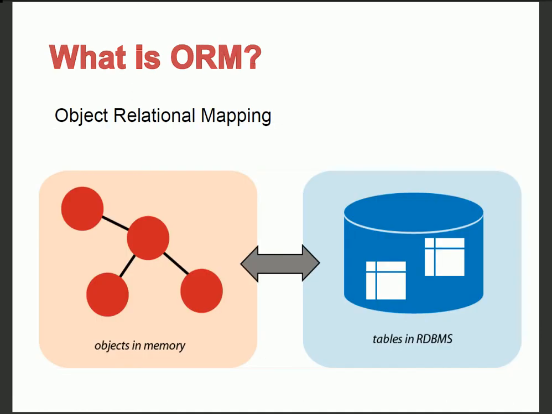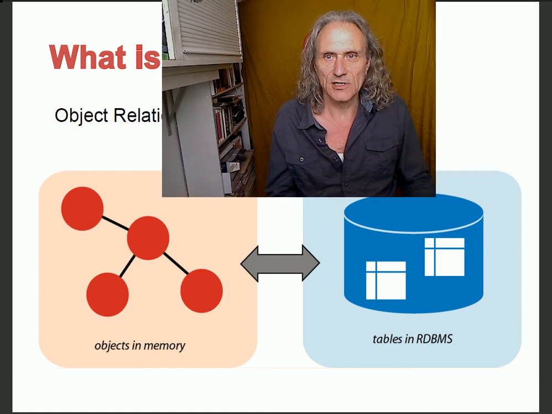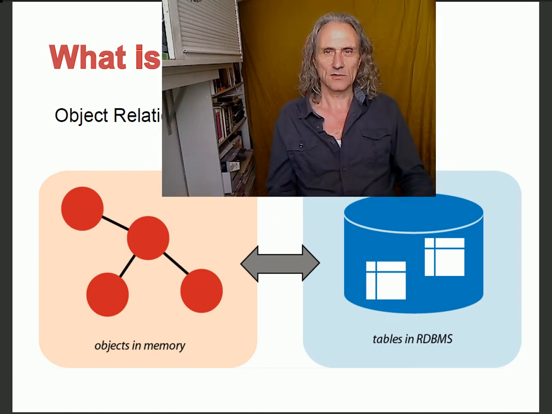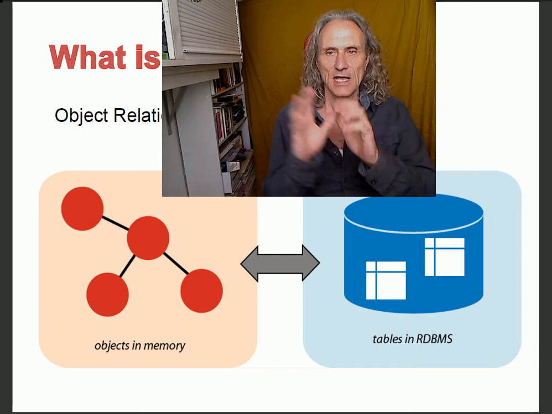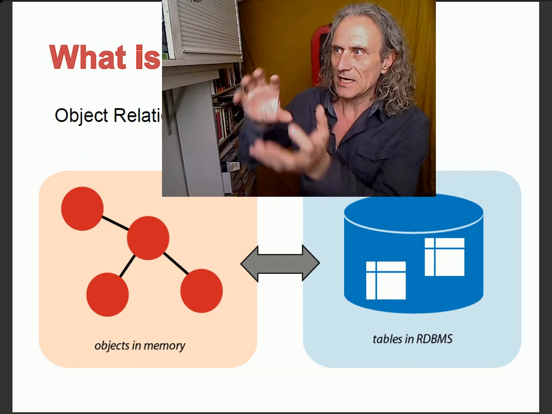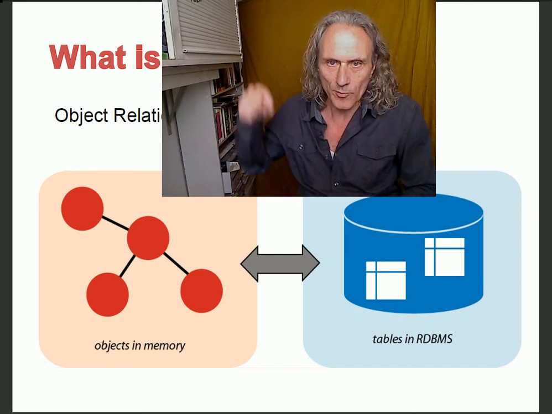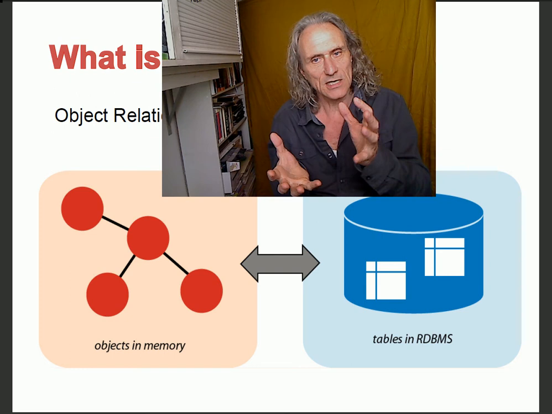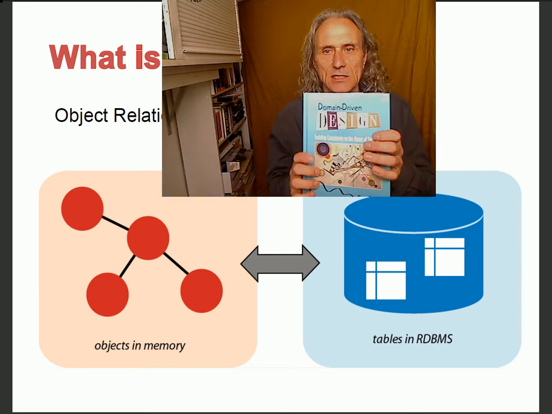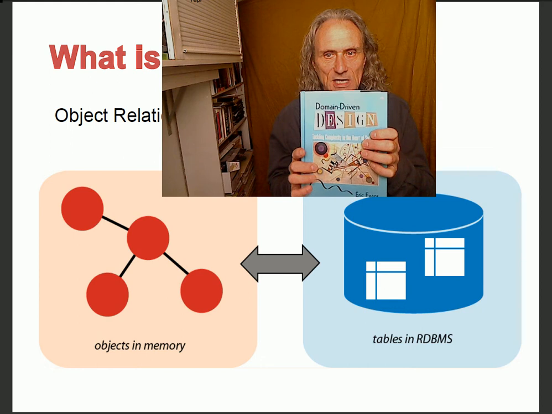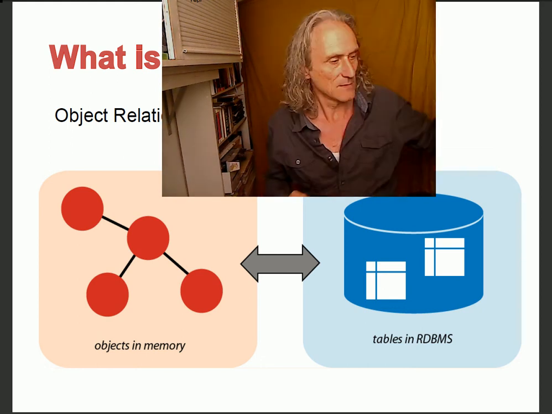When you model a piece of reality, you take parts of reality and put them into objects, and those objects together form your domain model. That's domain-driven design, Eric Evans, good book.